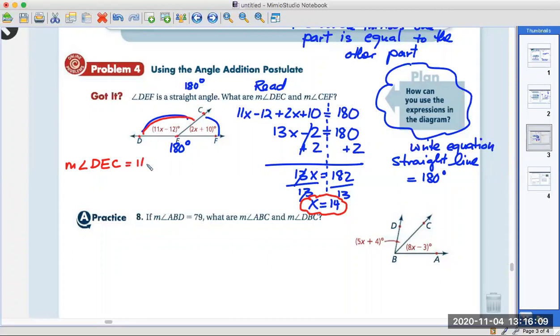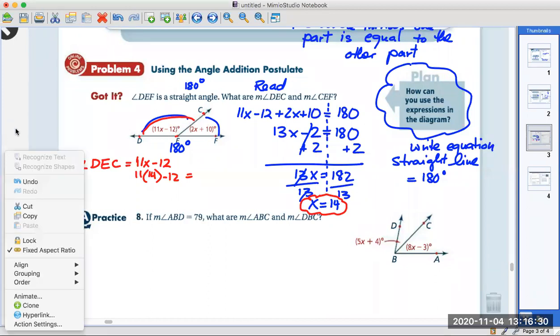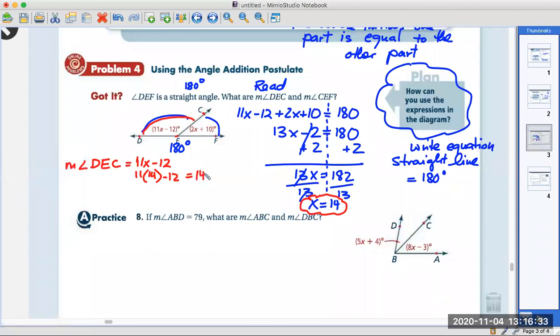That's 11x minus 12, and x is 14. 11 times 14 minus 12, use your calculator. 142 degrees. Notice it is obtuse. So I always watch if my answers make sense because it is an obtuse angle, so the measure is between 90 and 180.